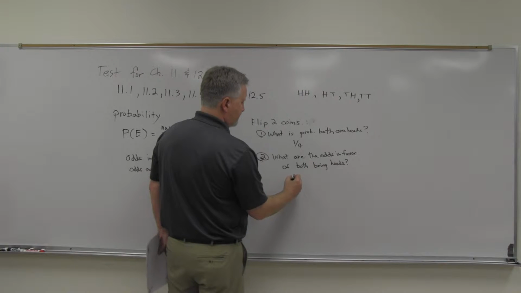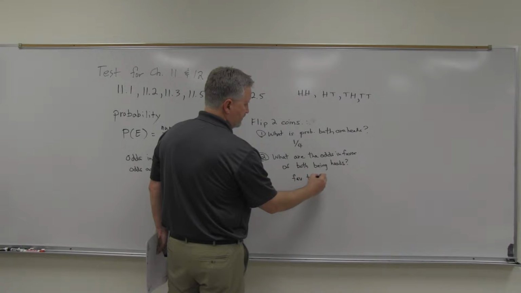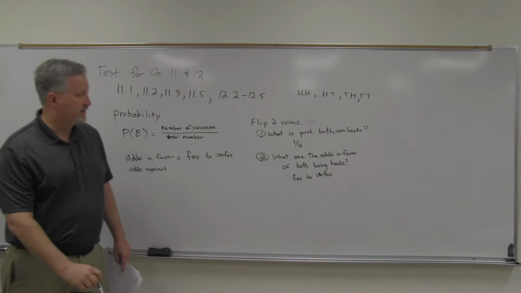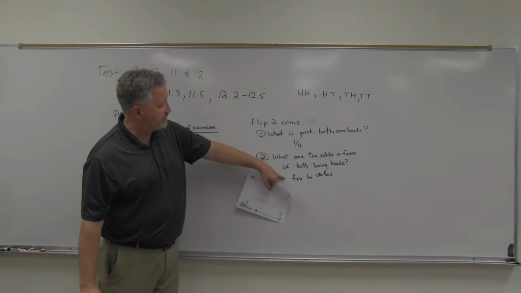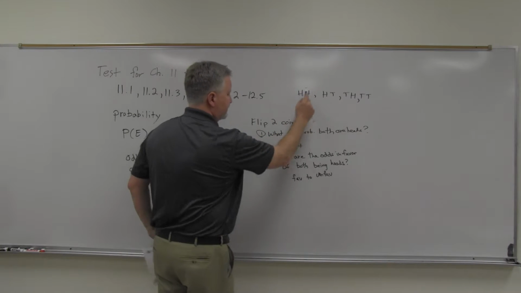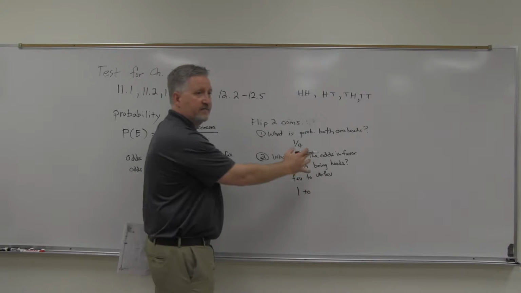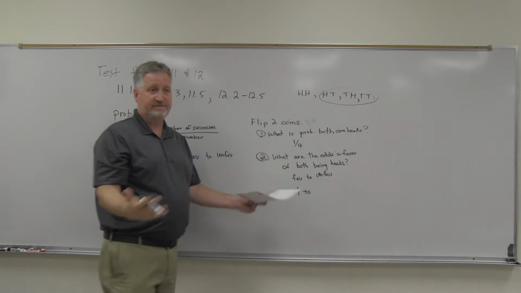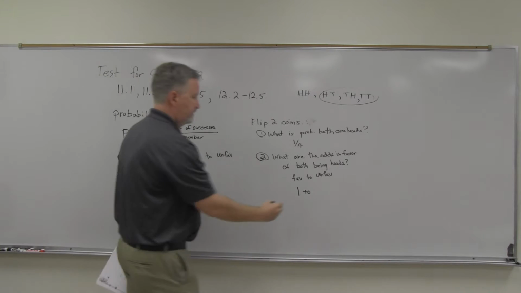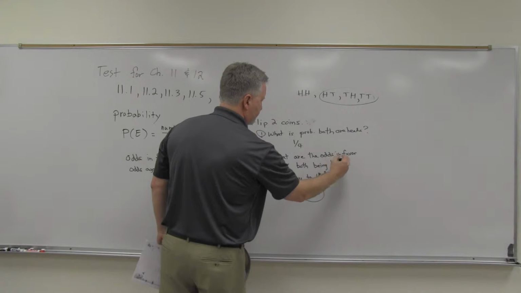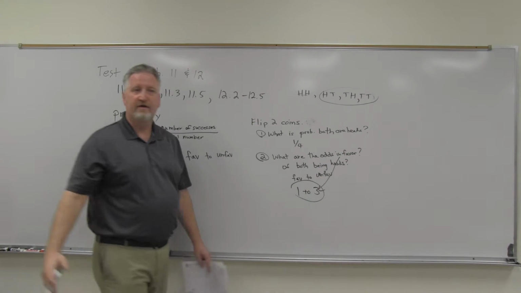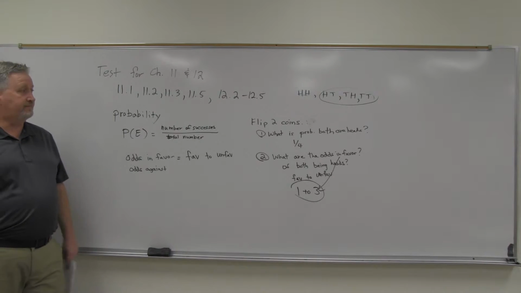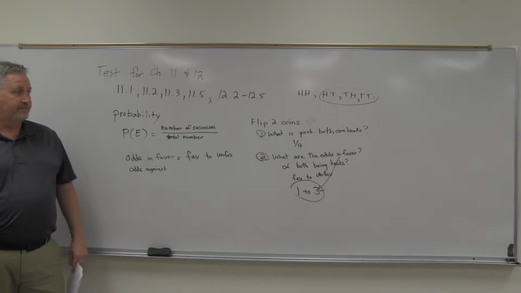Well, the odds in favor, that's favorable to unfavorable, and you can use the word to or colon if you prefer, but the number of favorable, so the favorable ones are the 2 heads, so there's 1 of those, but then the second number is not 4, it's the unfavorable, which are the other ones. So in this case it's 3, 1 to 3 would be the odds in favor. Okay. So note the difference there, slightly different numbers for probability and odds.